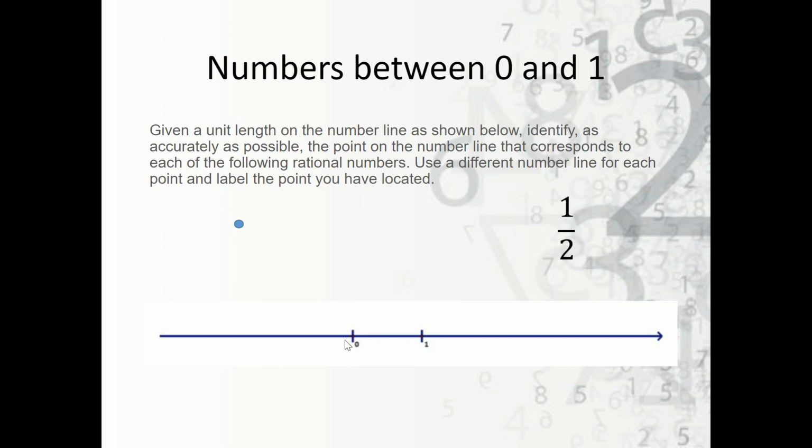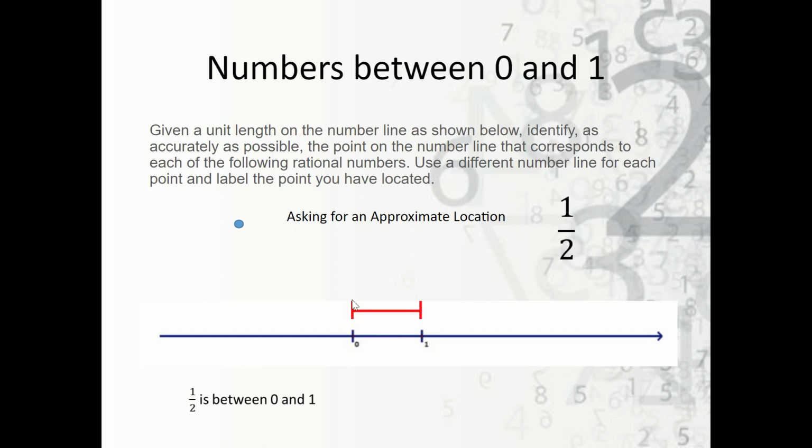So we're given this unit here. So this is the number line. We have 0 and 1, and we're going to try to plot 1/2 on the number line. Well, what we're going to do is kind of eyeball this. We are told that we're looking for the approximate location, so it doesn't have to be exact. So it should be somewhere in here. So 1/2 is between 0 and 1.